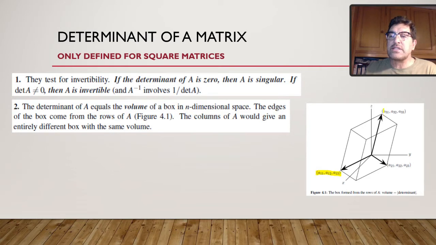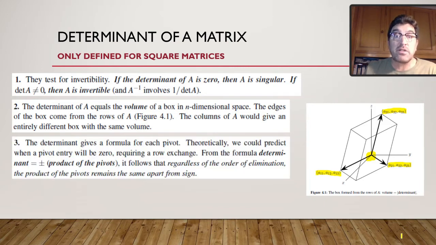Row 3 has entries 3 1, 3 2 and 3 3. So each row forms a vertex of this box, obviously coming from the origin. So if you then take the columns of A, it would give an entire box with the same volume. Okay, so if you work with the rows or the columns, the volume remains the same. The box would just look different.